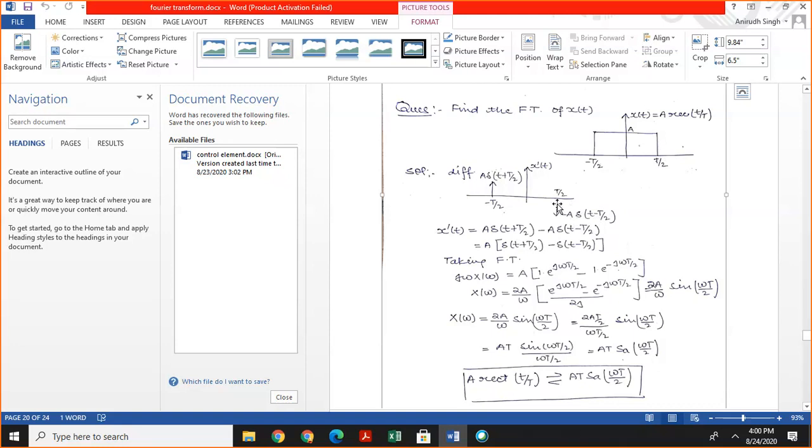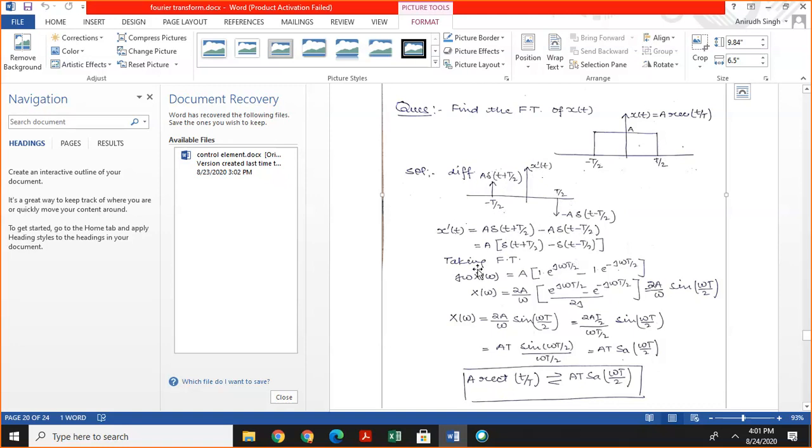So we can say that this impulse function is given by minus A delta(t minus T/2). And this is x of t, so dx by dt is written as A delta(t + T/2) minus A delta(t minus T/2).